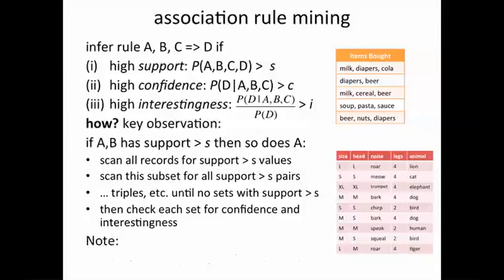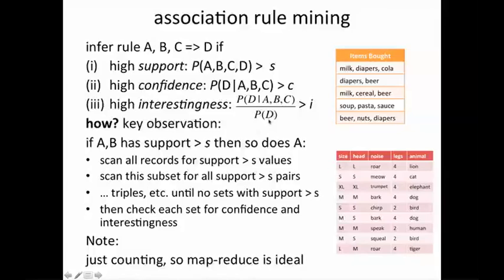Note, this is all just counting. You're only scanning the data again and again and counting things, whether it is to find those sets with high support, or once you found them, to compute the confidences for different positions of antecedent, consequent, etc., and compute the interestingness. It's just counting.